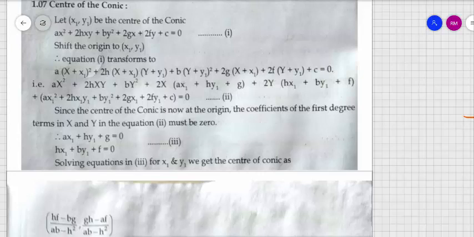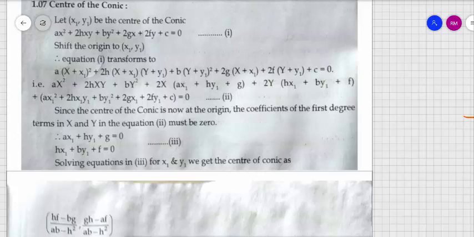Since the center of the conic is now at the origin, this is very important. We have to shift the center of the conic to the origin by replacing x by capital X plus x1, by replacing y by capital Y plus y1, where x1 y1 is a center of the conic.